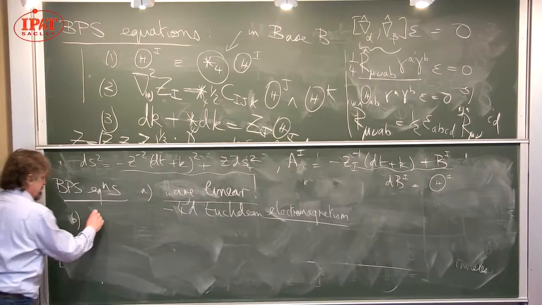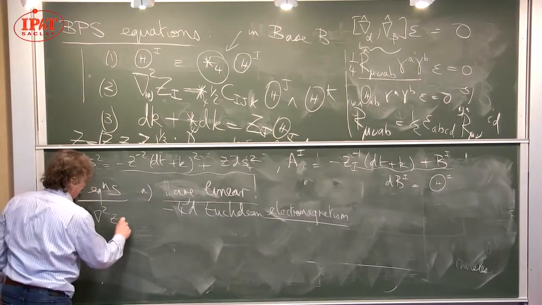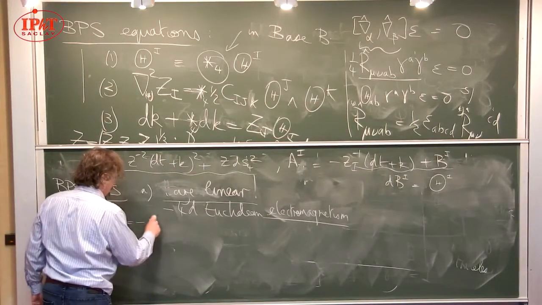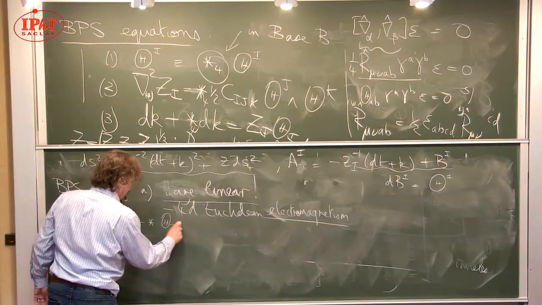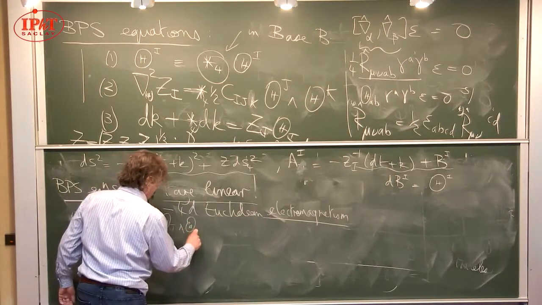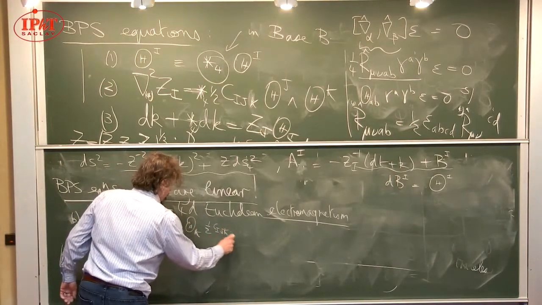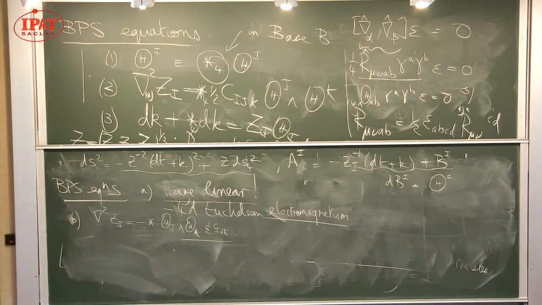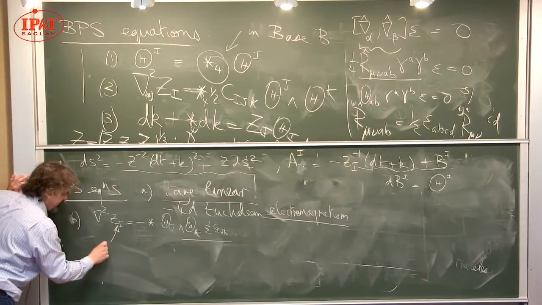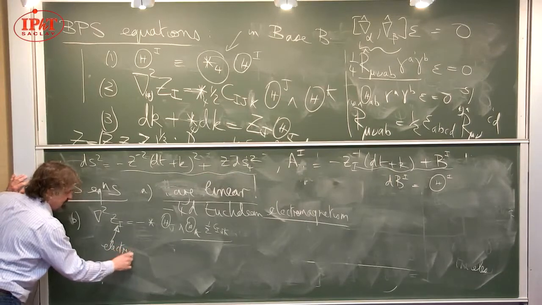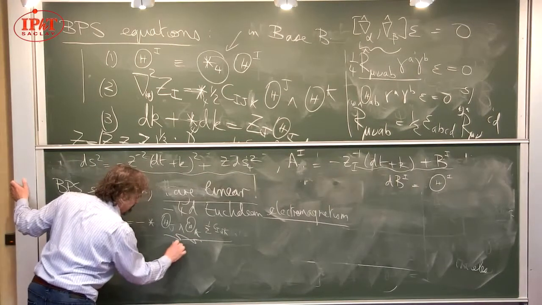The middle BPS equation, B: basically the Laplacian of Z_I is equal to minus star theta^J wedge theta^K with appropriate structure constants C_IJK. Look at the structure of it. Remember, this is the electrostatic potential, and these are two magnetic fluxes.